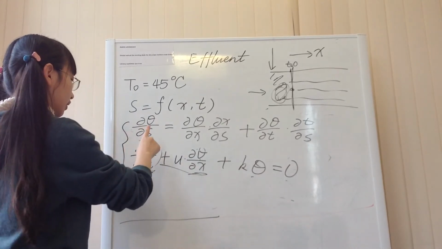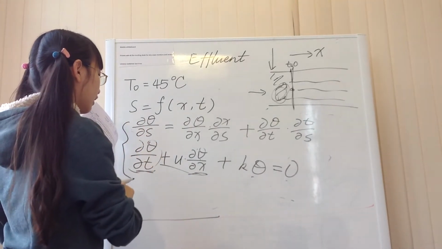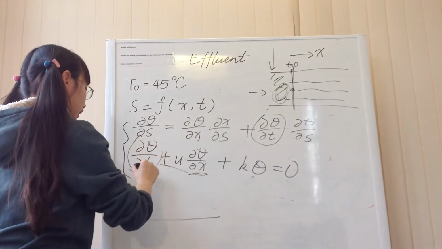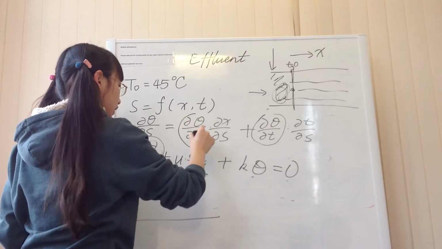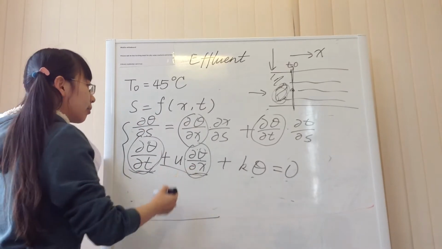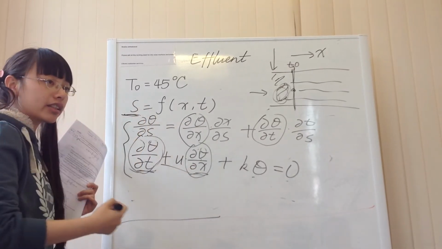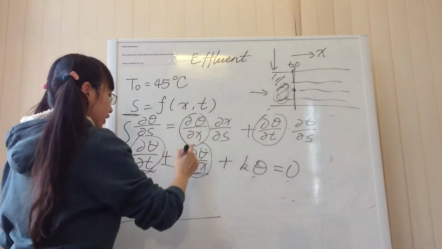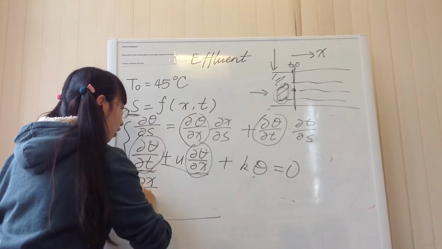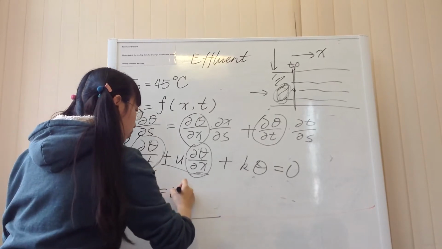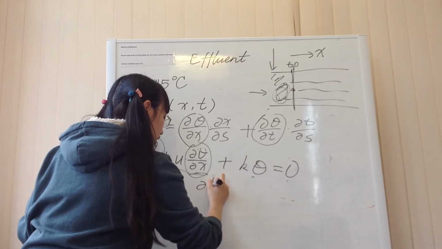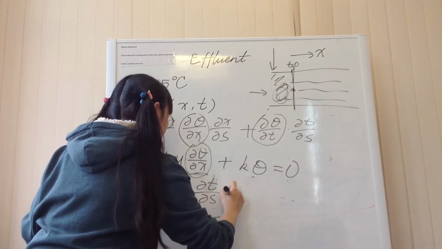So in that way, we get partial theta over partial t and partial theta over partial x. We can define, because we are still defining function s, this is how we define it. We define s as the property so that partial x over partial s equals u, and partial t over partial s equals 1.